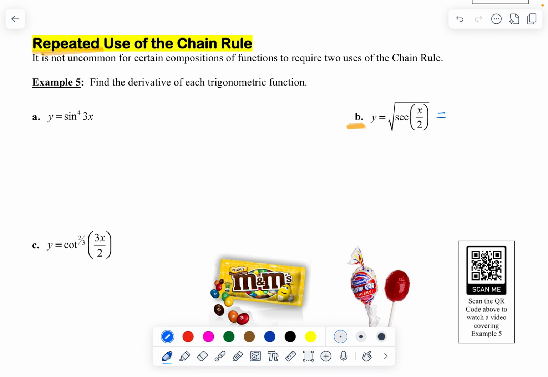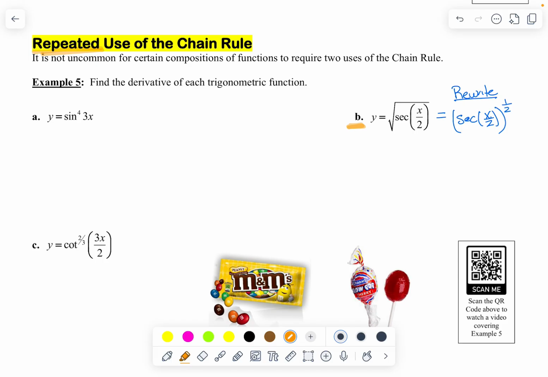So remember, first thing we're gonna do is rewrite it using parentheses. That way we can figure out the composition part of this whole thing. So this is gonna be rewritten as secant x over 2, and all of that is gonna be raised to the half. So when you're looking at this problem, remember you're thinking of this Blow Pop, right?